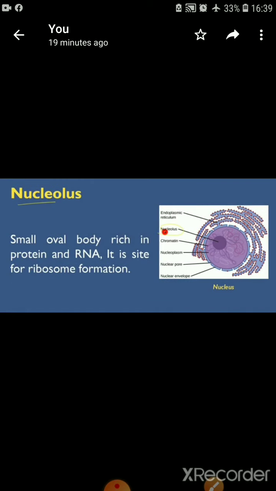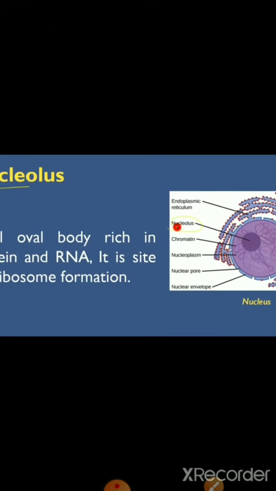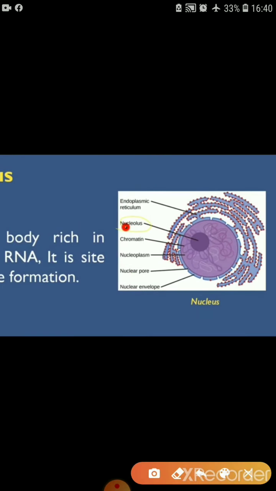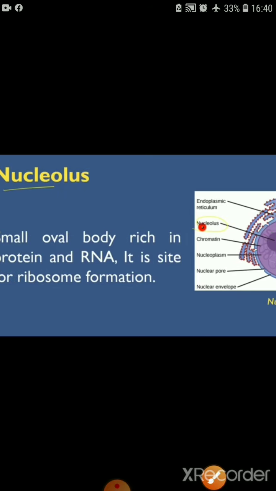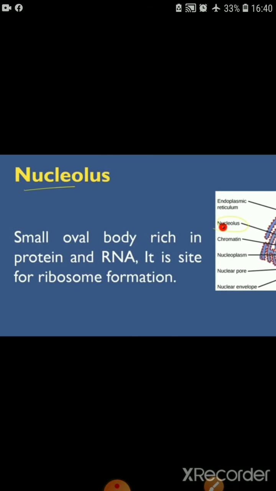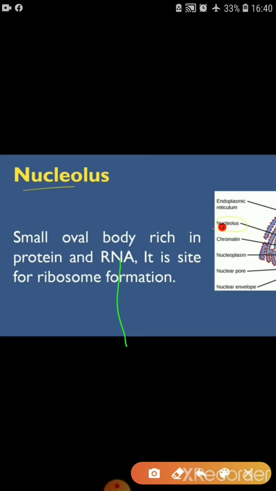Next, the part of the nucleus, that is nucleolus. What is this? That is nucleolus, which we already discussed. Here the dark purple body which is round in shape and is on a side of the nucleus is called nucleolus. So it is a small oval body rich in protein and RNA. Right? What is the meaning of RNA?